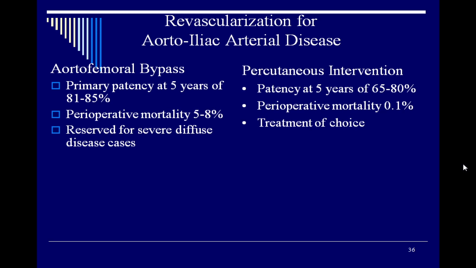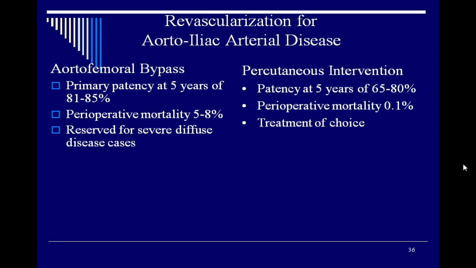Revascularization for aorto-iliac arterial disease. Aorto-femoral bypass. Primary patency at 5 years of 81-85%. Perioperative mortality is 5-8%. Reserved for severe diffuse disease cases. Percutaneous interventions. Patency at 5 years of 65-80%.